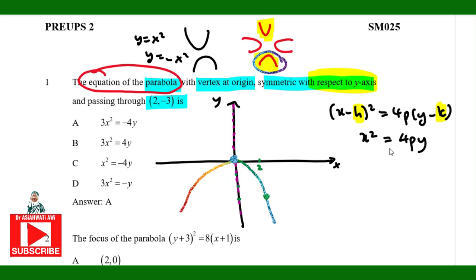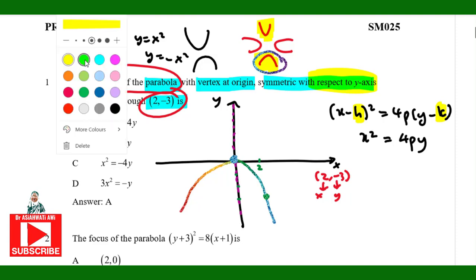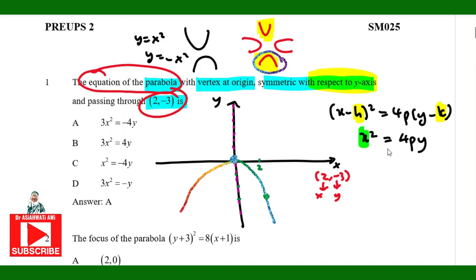We want to find the value of p. Passing through the point (2, -3), substitute this value x and this value y to find p.